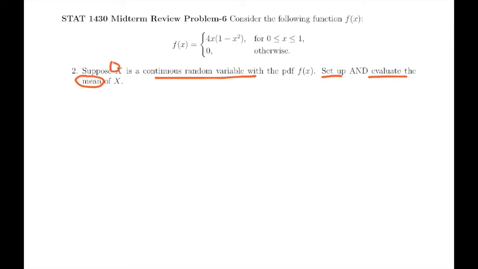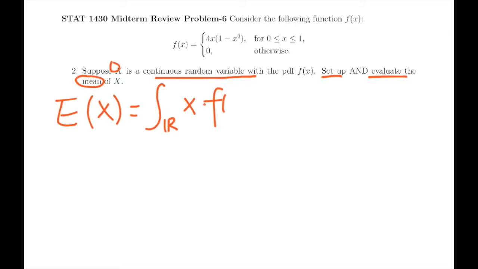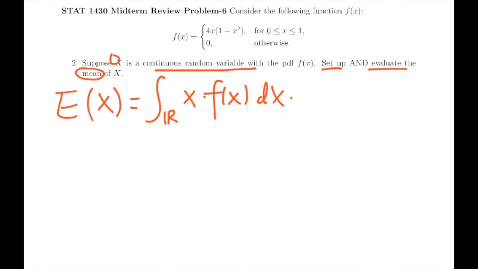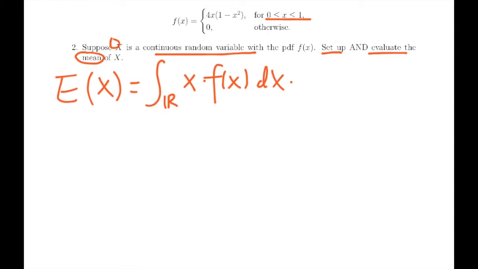Remember, for a continuous random variable x, its mean is denoted by E(x), and it is given by an integral over the whole real line with the integrand of x times f(x), then dx. Okay? Again, because when x is not between 0 and 1, f is always 0, we only need to care about the part where x is between 0 and 1. So we plug in this formula.